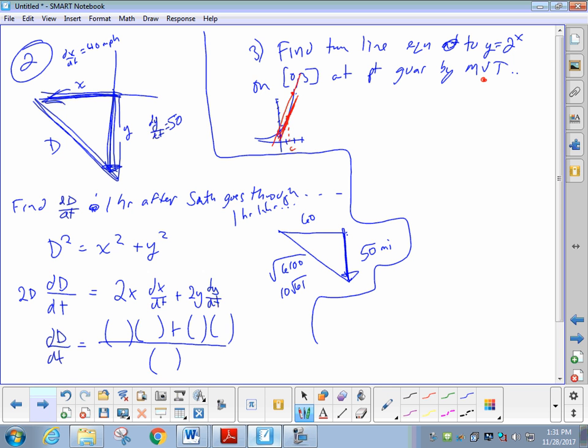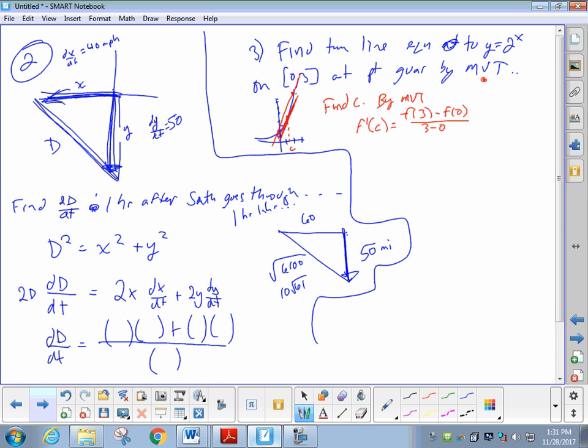All right then, let's find the point first of all. By mean value theorem, and I did check to see that it is differentiable and continuous, F prime at c must equal F at 3 minus F at 0 over 3 minus 0. Let's get into the details.